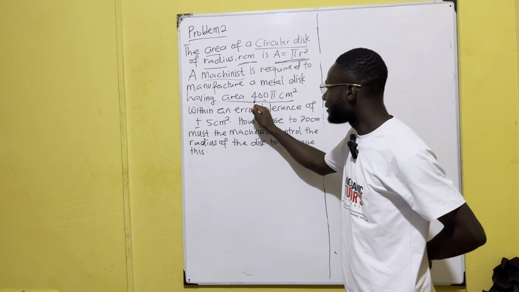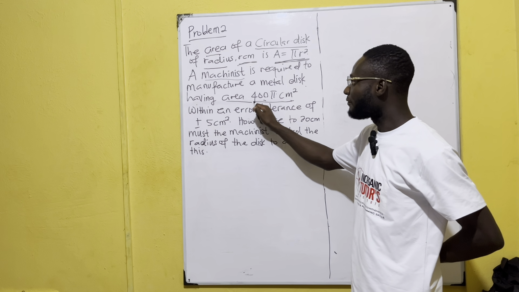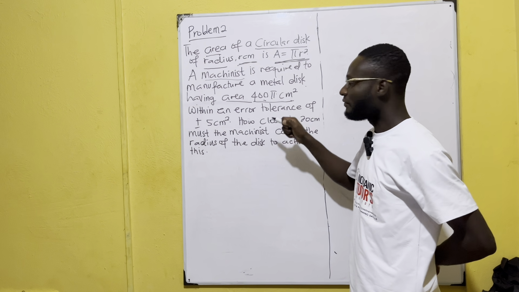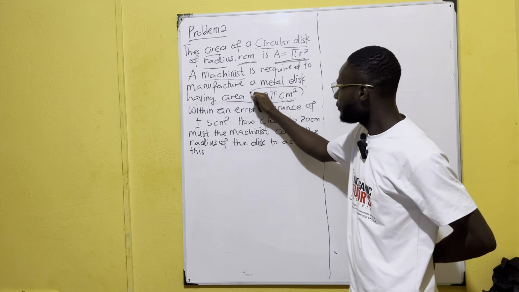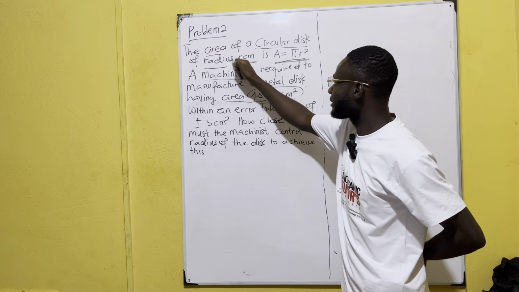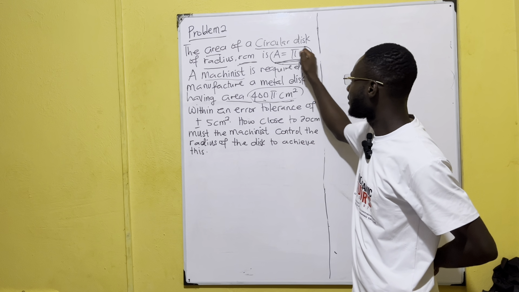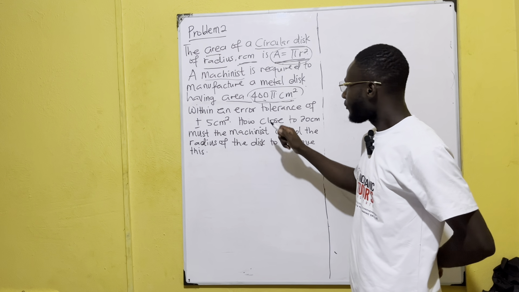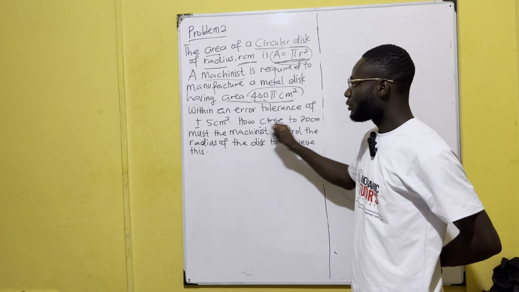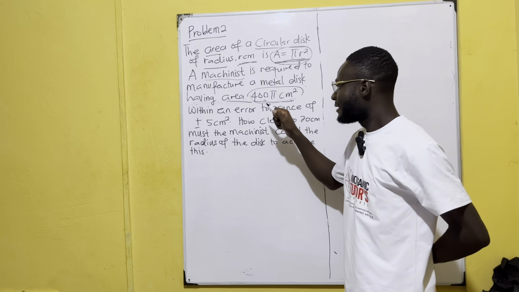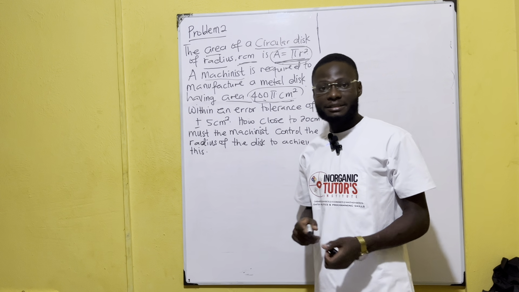So this is the required area for the mechanic to manufacture a metal disc. This is the required area, right? And the circular disc has an area of this. Good. Now, within an error tolerance of plus or minus 5 centimeters squared.